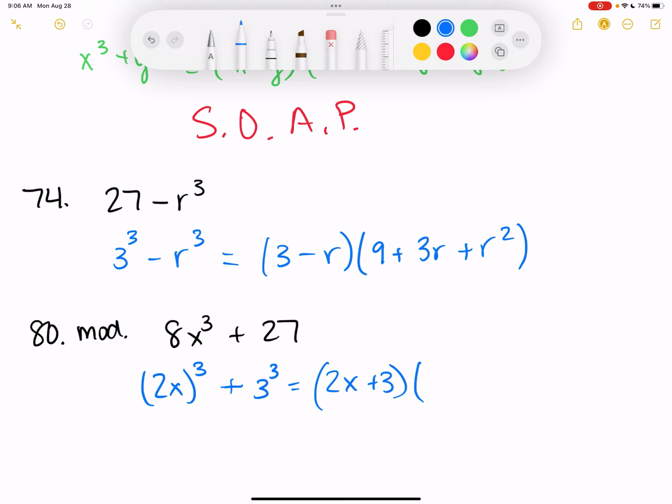Then it's the first term squared, so this is going to be 2x squared, so that's going to give you 4x squared. Opposite sign, so it's going to be minus. We multiply this times this, so 2x times 3 is going to be 6x. And then always positive, and it's this term squared, so 3 squared is 9.